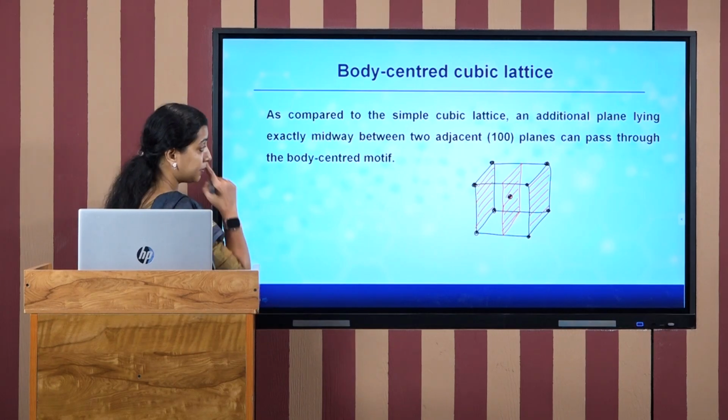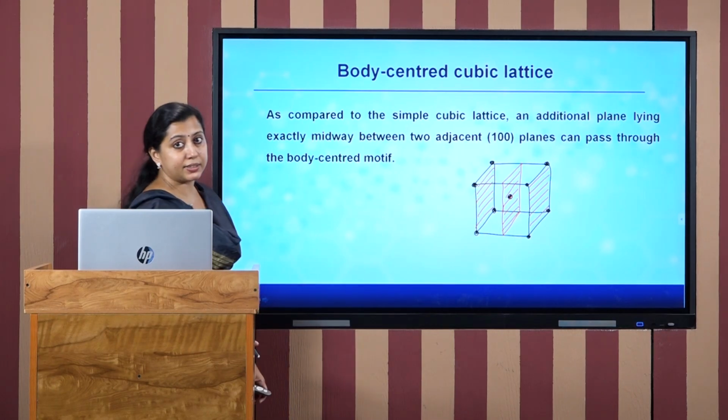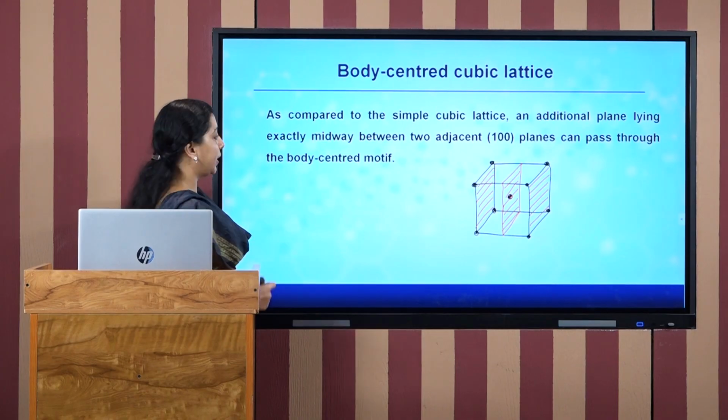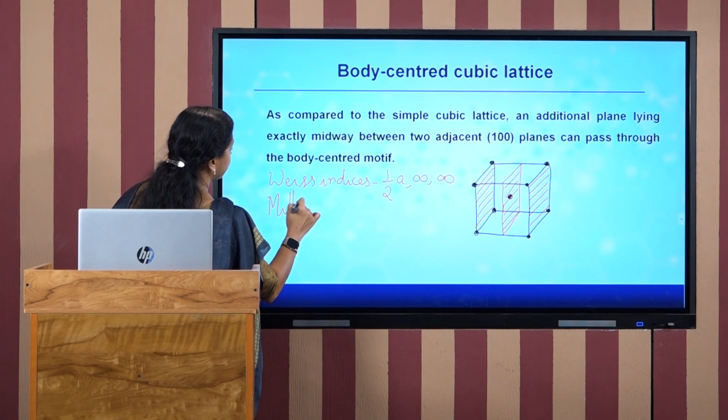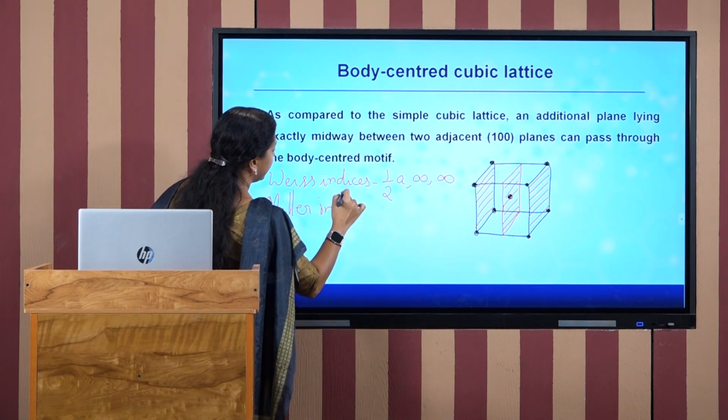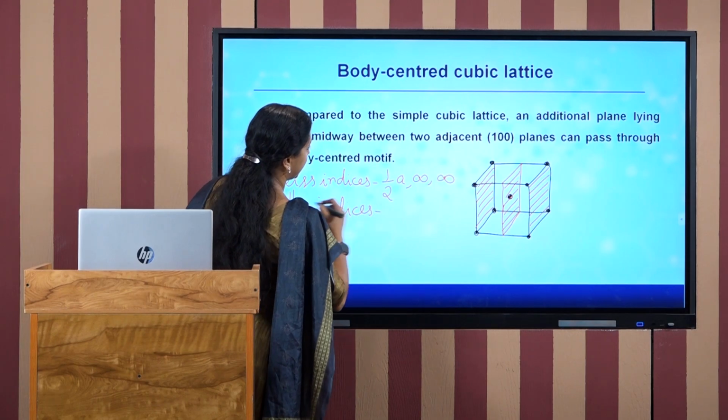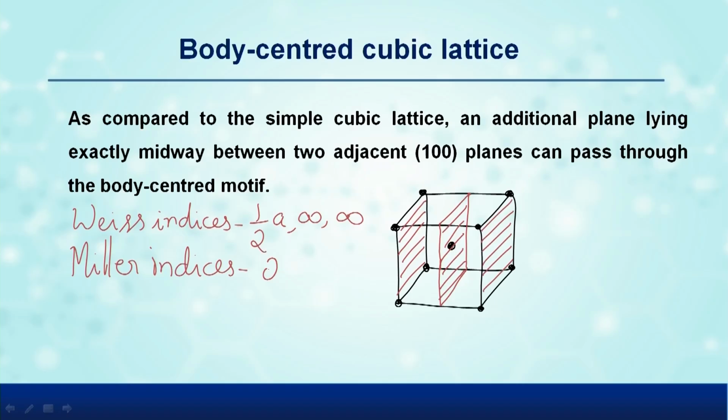Okay. Since it cuts the x axis exactly midway, the Weiss coefficients or Weiss indices can be represented as 1 by 2 a, infinity, infinity. So, what happens to the Miller indices? The Miller indices become the reciprocal. So, that will be 2 0 0.